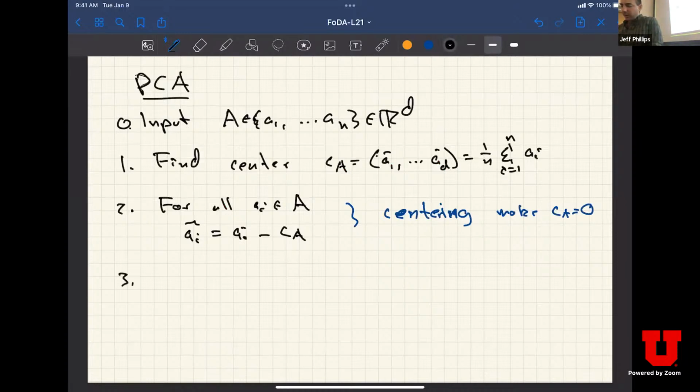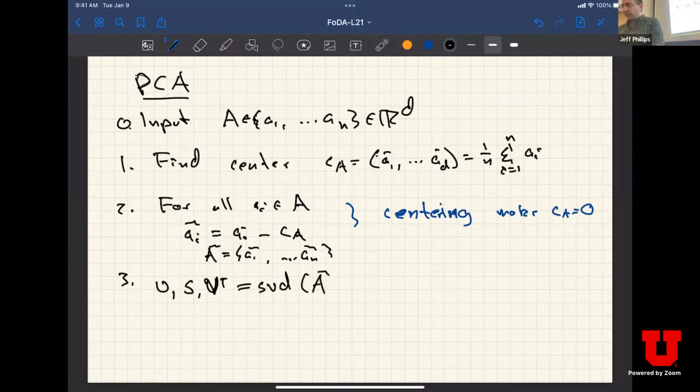Then three, I'm going to call it A tilde, and I'm going to run the SVD. U S V transpose is going to be the output of the SVD of A tilde.